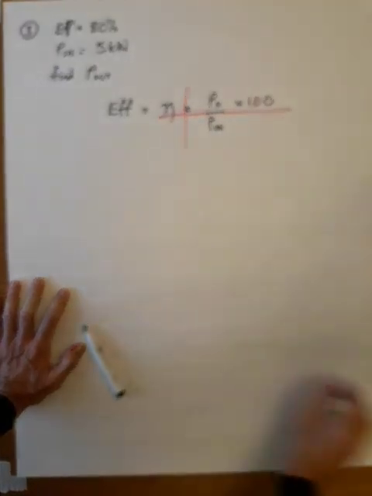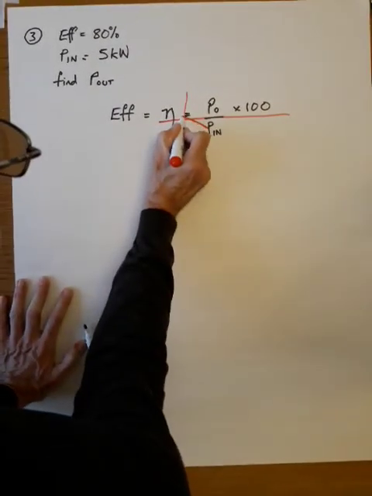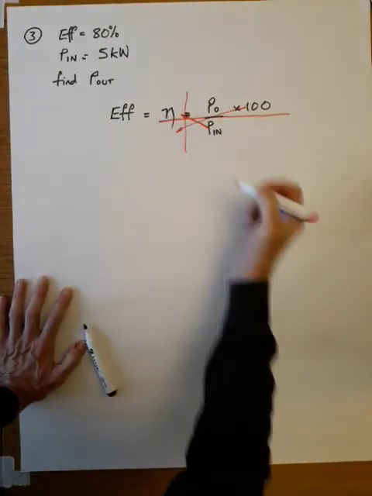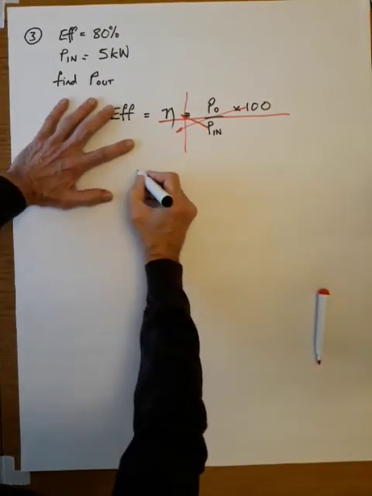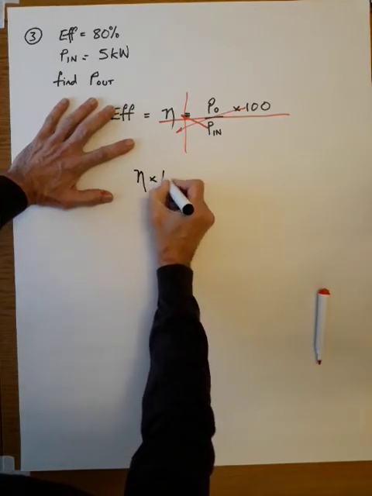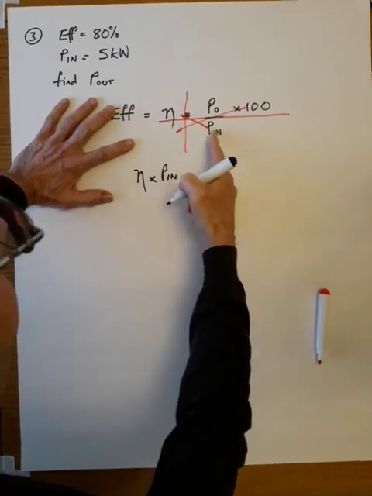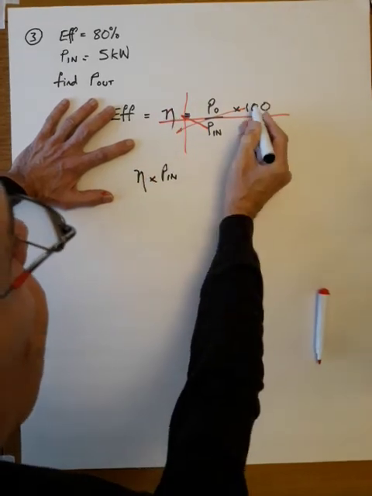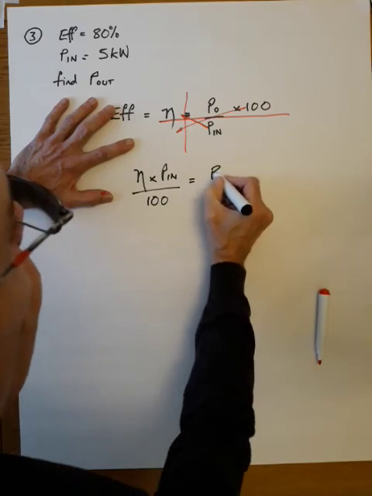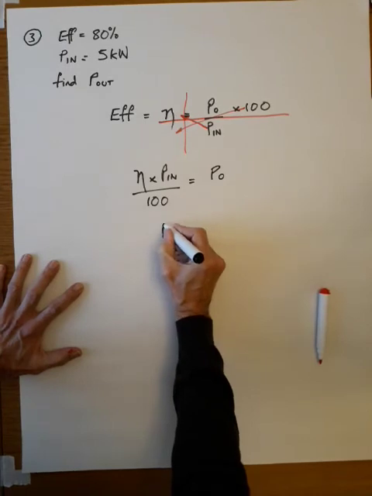So what will happen is that goes up next to that, and this is going to go down underneath. So the next line is going to look like this. Efficiency times power in, so that has moved up next to efficiency, and the 100 comes underneath, and that gives us power out.